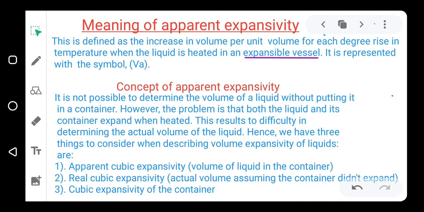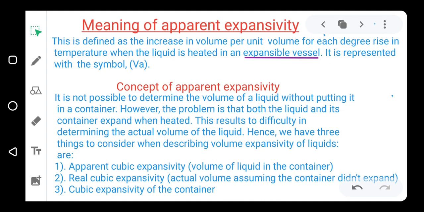The increase in volume per unit volume for each degree rise in temperature when a liquid is heated in an expansible vessel. This is just the same thing I've explained, that we take into consideration the expansion of the vessel, and that gives us the apparent cubic expansivity of the liquid.